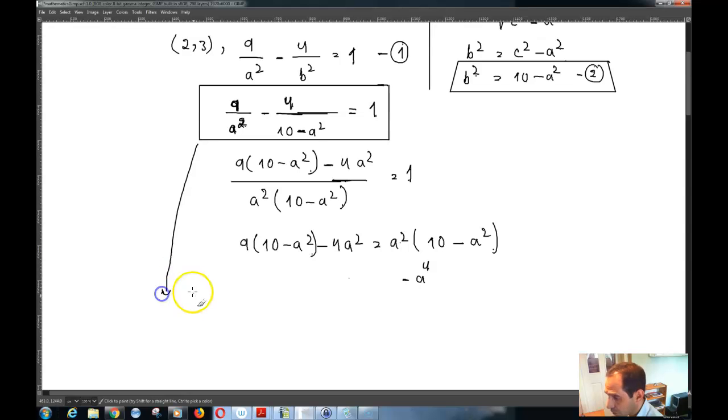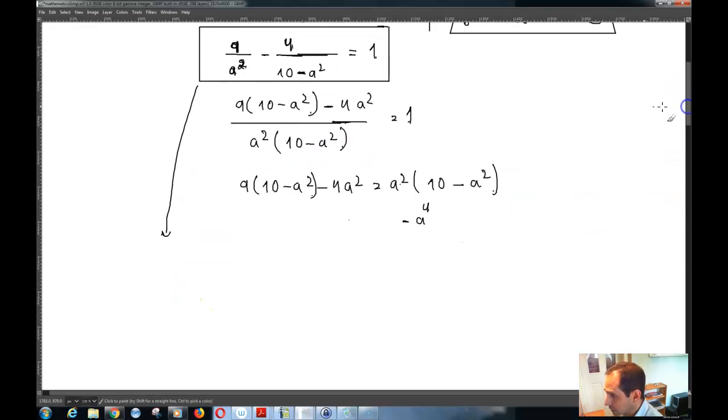So what I want to do is that I write 10 minus a squared as, for example, x. If 10 minus a squared is equal to x, then negative a squared is equal to x minus 10, and so positive a squared would be equal to 10 minus x.